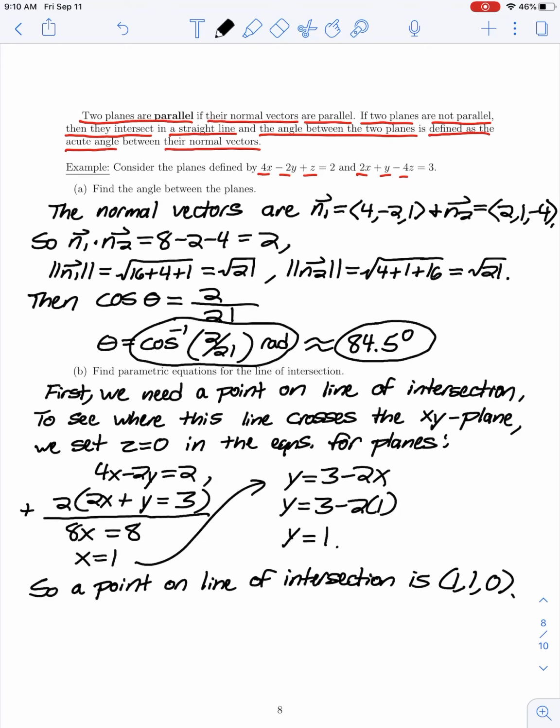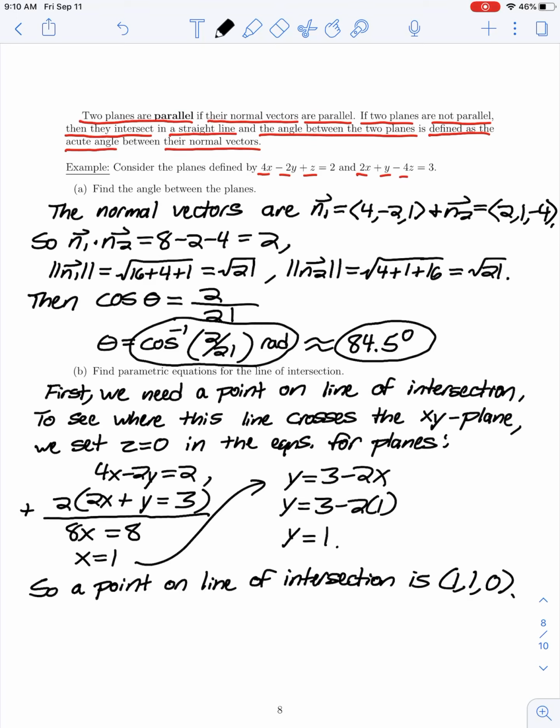Now, something else that we need to find the parametric equations of a line in space is a direction vector. If we're talking about the line of intersection of two planes, then our direction vector would have to be orthogonal to both normal vectors of these planes. Since the normal vector of a plane is orthogonal to the plane itself, and the line of intersection must lie in both planes, the direction vector of the line must be orthogonal to both normal vectors.